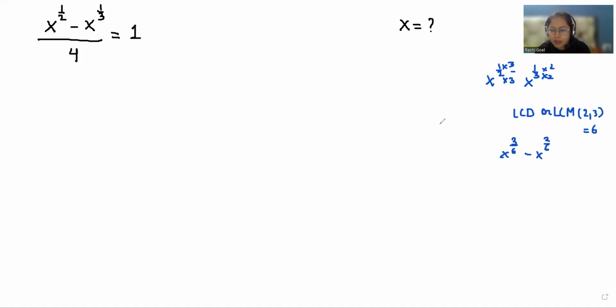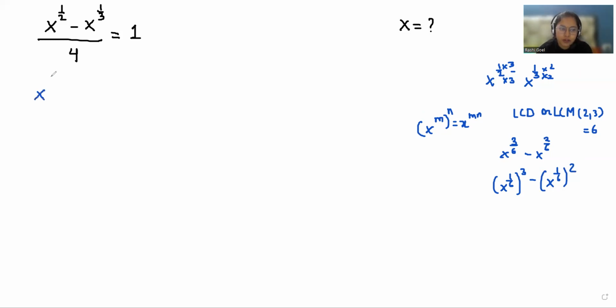Now we know the famous exponent property, that is x power m power n is equals to x power mn. So we can write it as x power 1 by 6 power 3 minus x power 1 by 6 power 2 in place of it. So let's substitute.